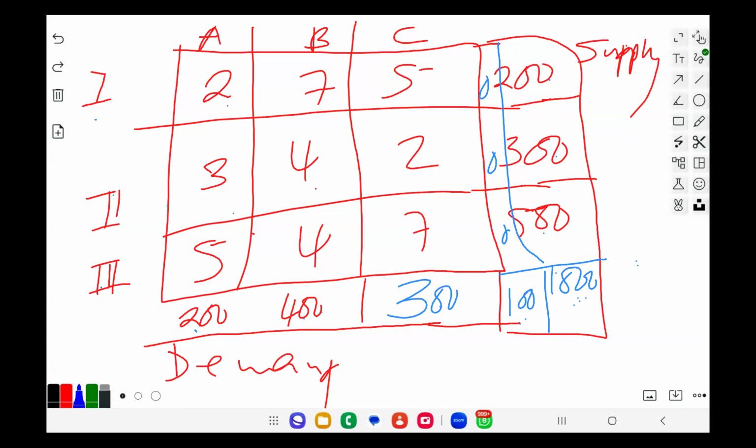Now, at this point, if you added them, they will be equal. Demand will be 1,000, and supply will also be 1,000. Clear? That is the step. When you find an unbalanced transportation model, you have to balance it before you proceed. Balancing is always important.